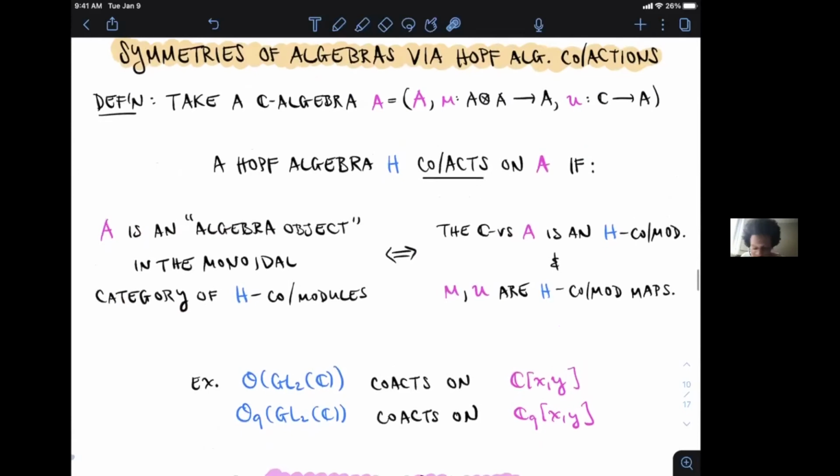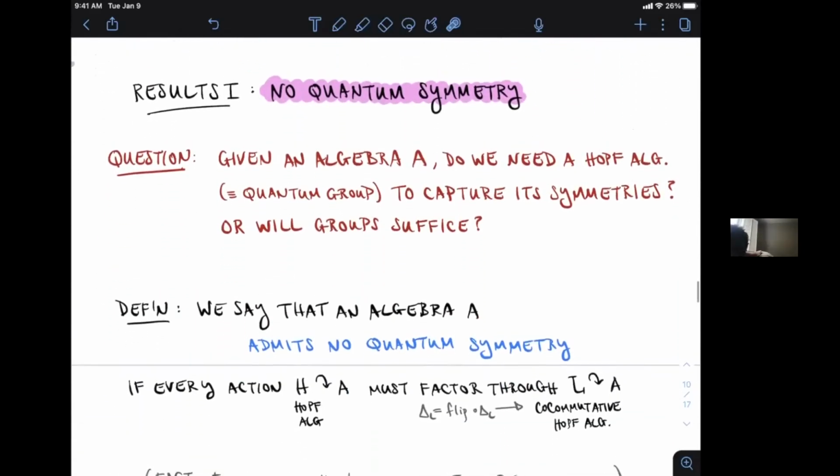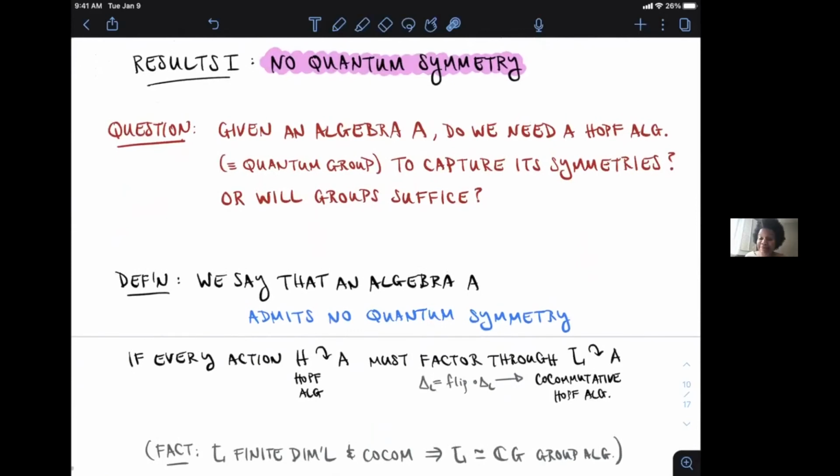All right, so now I want to tell you about some results I've done. Let's talk about no quantum symmetry. So here's an interesting question. If you see an algebra walking down the street, maybe I shouldn't say see, because maybe you can't see it, maybe it's quantum.